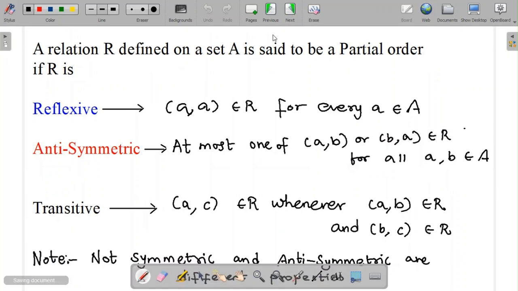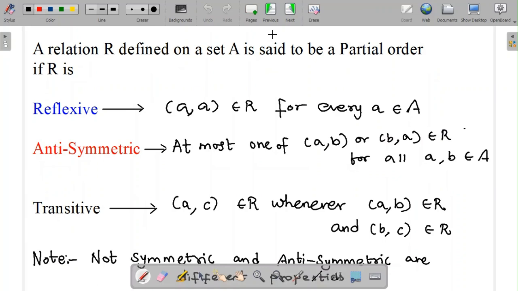However, the relation is said to be a partial order if it meets the three conditions defined below. Two of them are already discussed. It must be reflexive, it must be transitive. The second condition is slightly different. This relation R will be called a partial order if, in addition to being reflexive and transitive, it is also anti-symmetric in nature.